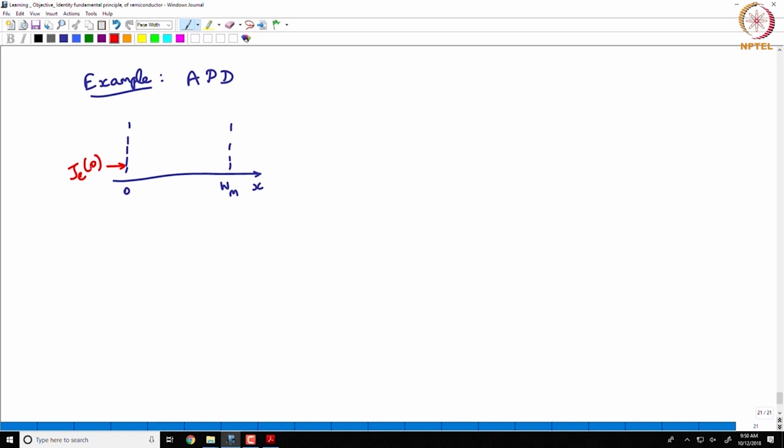Let's call it the current density JE of 0 coming from here, and this is going to go through multiplication, and what we want to figure out is that multiplication factor. That multiplication factor is JE of WM divided by JE of 0. Okay, we want to get an expression for that.